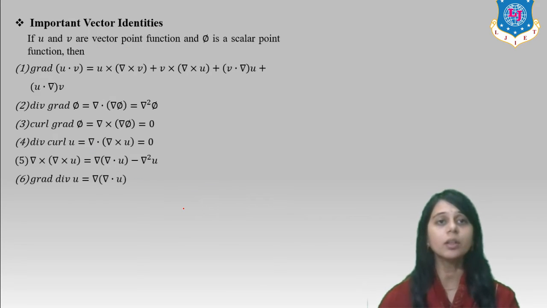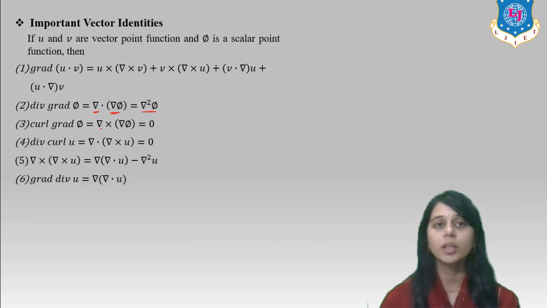Important vector identities for the Laplacian and the curl. If u and v are vector point functions, phi is a scalar point function, then gradient of u dot v equal to nabla dot v plus v nabla dot u plus v dot nabla u plus u dot nabla v. Divergence of gradient of phi, nabla dot nabla phi equal to nabla square phi.